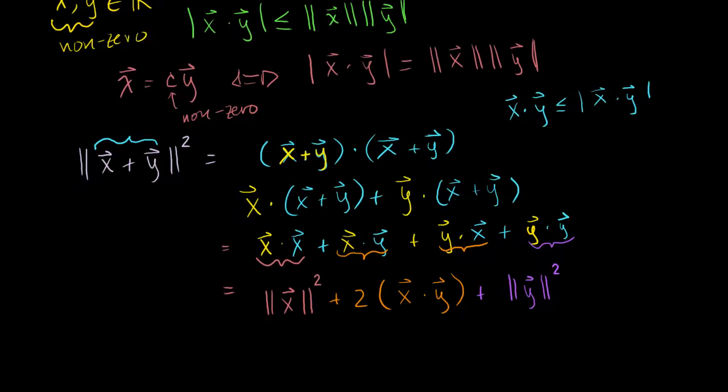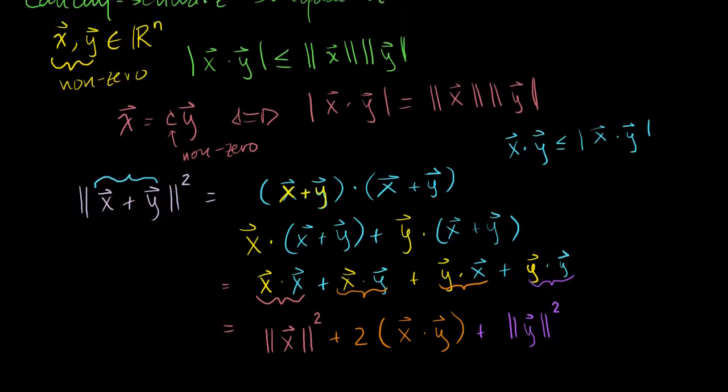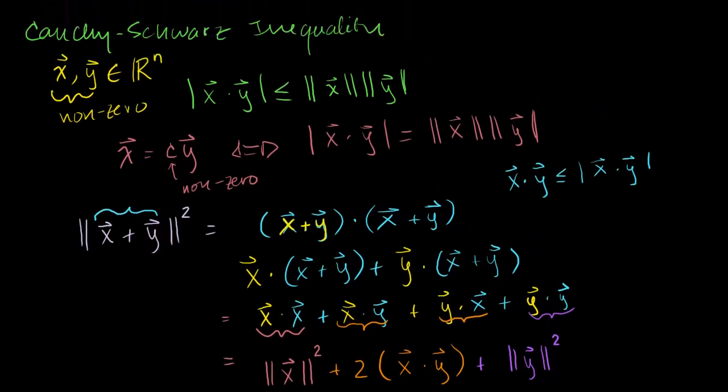So we can add to the Cauchy-Schwarz inequality, and this is a bit obvious. We could say x dot y is less than or equal to the absolute value of x dot y, which is less than or equal to the length of x times the length of y.